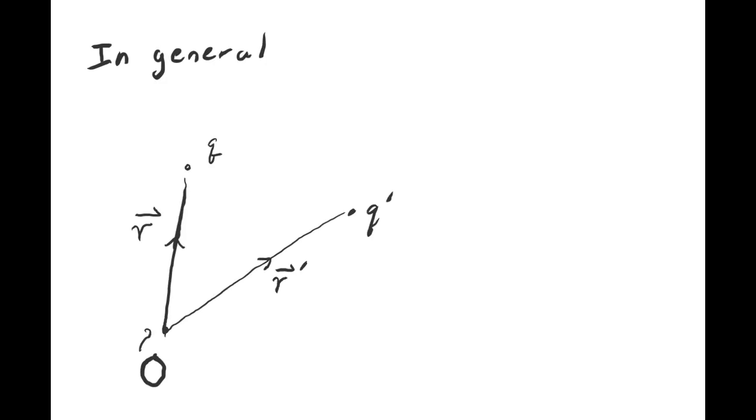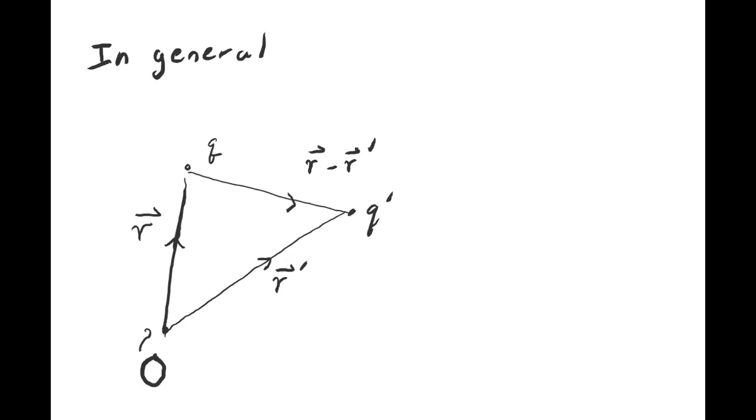So I can now define a vector R minus R prime. That vector, using the appropriate rules of vector analysis we looked at many moons ago, has to point in that direction.